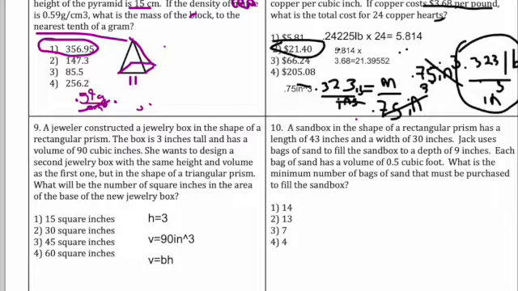And then we have a triangular prism, whose volume formula is also base times height. Finding the volume to find B for our rectangular prism.